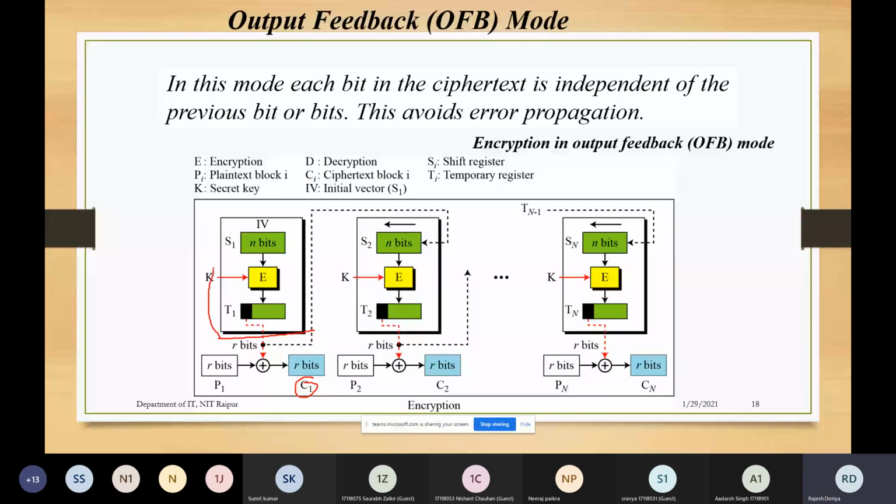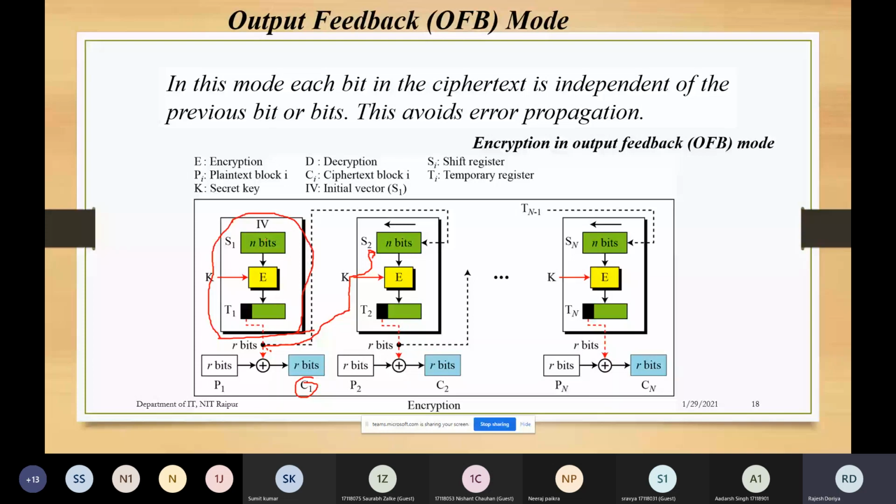So whatever is the output from this block is sent as feedback to the next one. Earlier we were sending the resultant ciphertext as the feedback, but this time we have removed that.